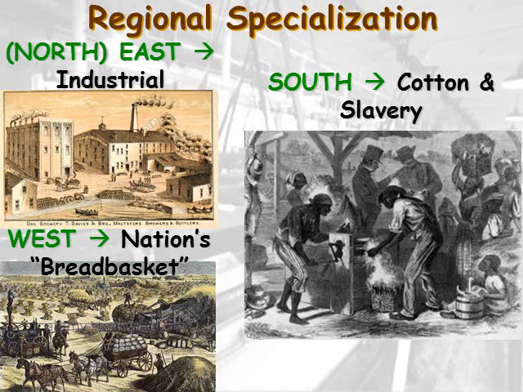Now, the West served as the nation's breadbasket, meaning that the crops the West was growing were things like wheat. There was a big connection between the Northeast and the West, and railroad routes were built between them. The Northeast provided the West with industrial goods, and the West provided the Northeast with food. And increasingly, as we get closer to the Civil War, the South is left out of that equation.